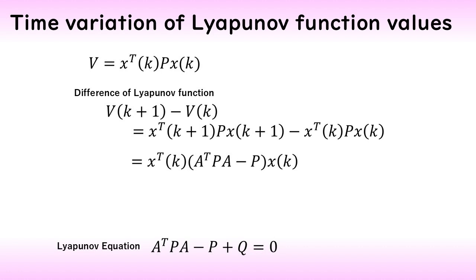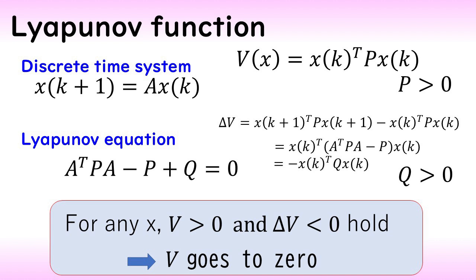A is a given system and P, Q are the matrices.